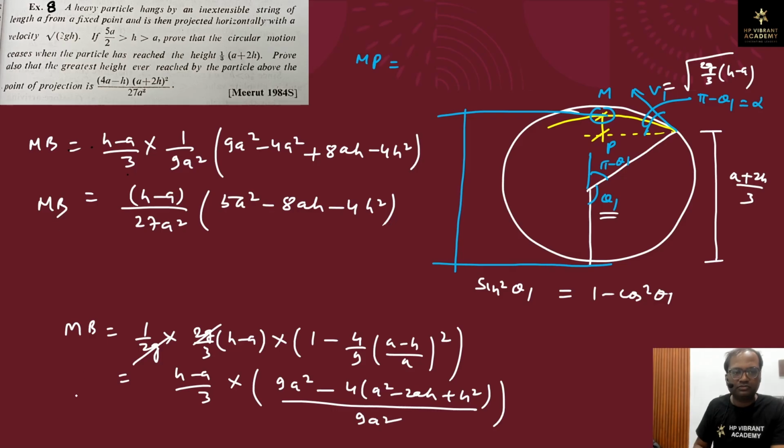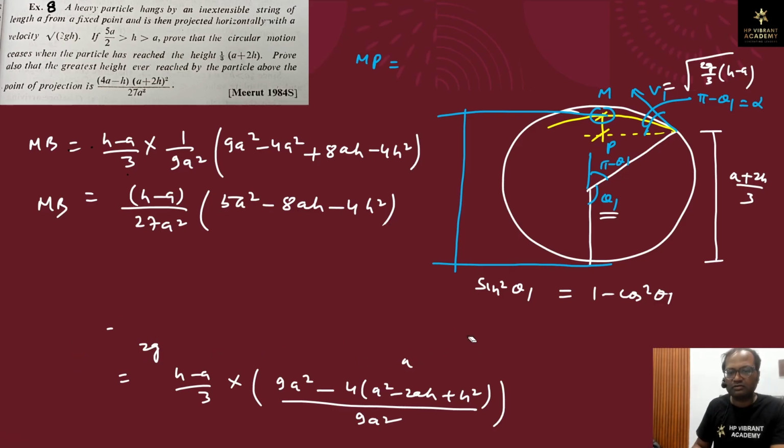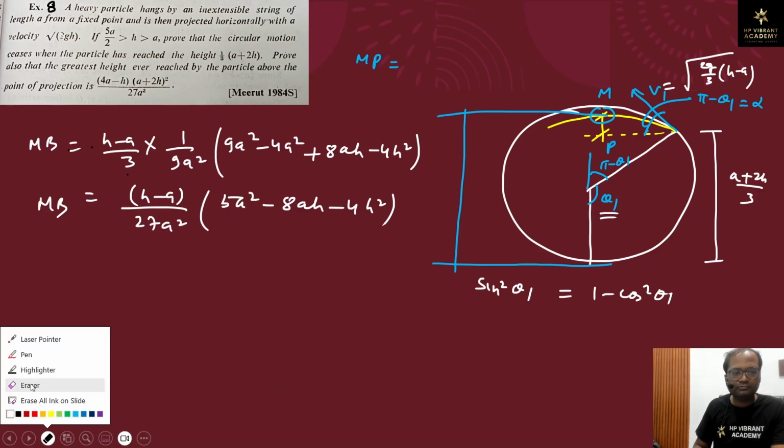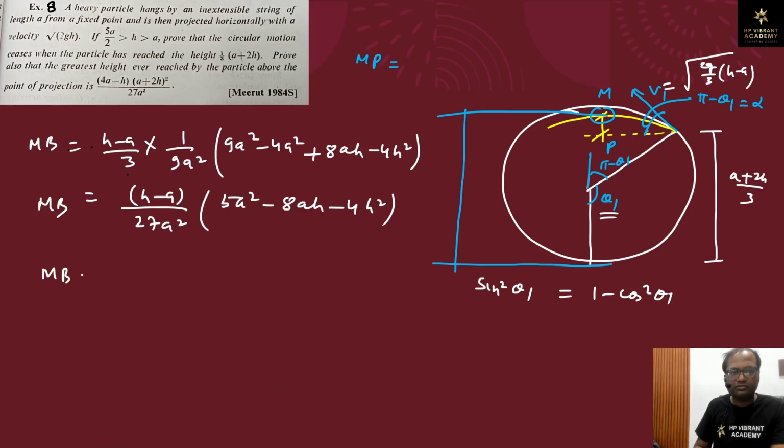MB is equal to. Okay, so let us further simplify this. This is just calculation. MB is equal to (h minus a) upon 27a square into 5a square. Minus of, sorry, this is plus, no?